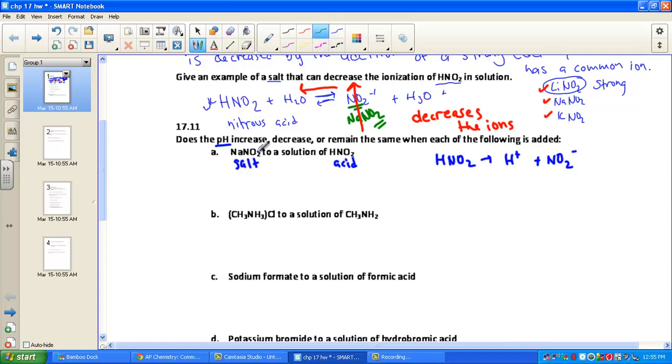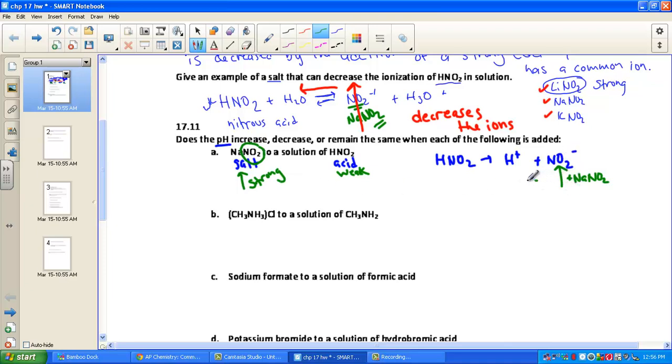The salt, of course, NaNO2, has the common ion nitrite. If I increase nitrite by adding sodium nitrite to this equilibrium, remember, this is strong. There is no equilibrium here, and this is a weak acid. So this indeed is where the equilibrium is lying, with the acid, not the salt.